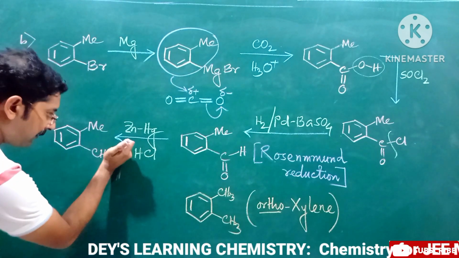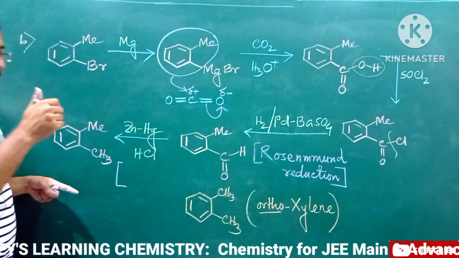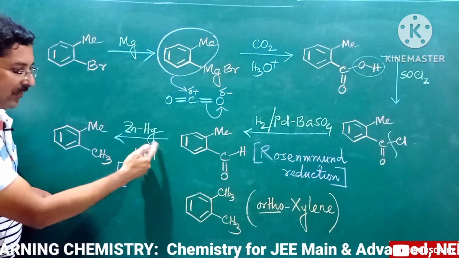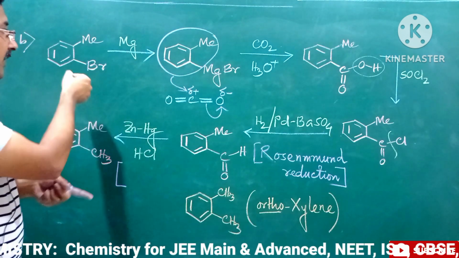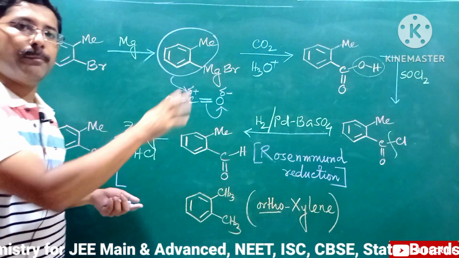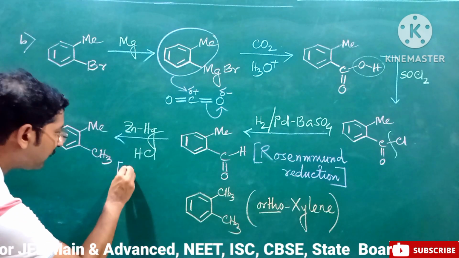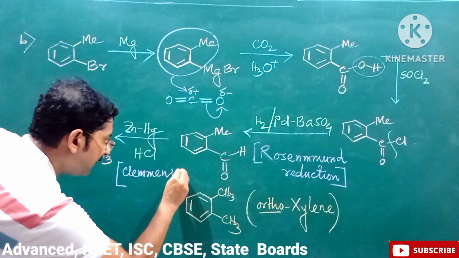The function of Clemmensen reduction and Wolff-Kishner reduction are the same, but Clemmensen reduction is performed in acidic medium, and the previous one that we learned in option A, Wolff-Kishner reduction, is carried out in the presence of base, right? So this is Clemmensen reduction.